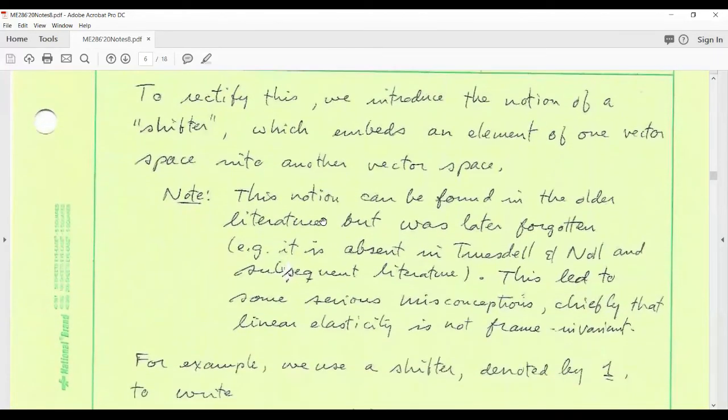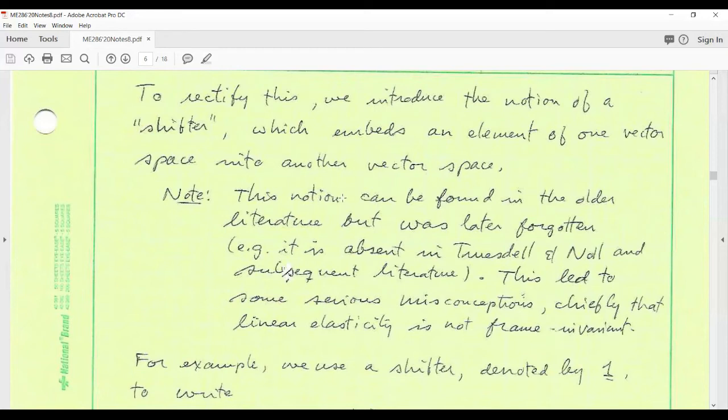We call that a shifter. And this notion of shifter, by the way, you can find in the older literature. In particular, that paper Zach gave us by Doyle and Ericksen, you will find a really extensive discussion of the notion of shifter, which I'm endeavoring to simplify here.